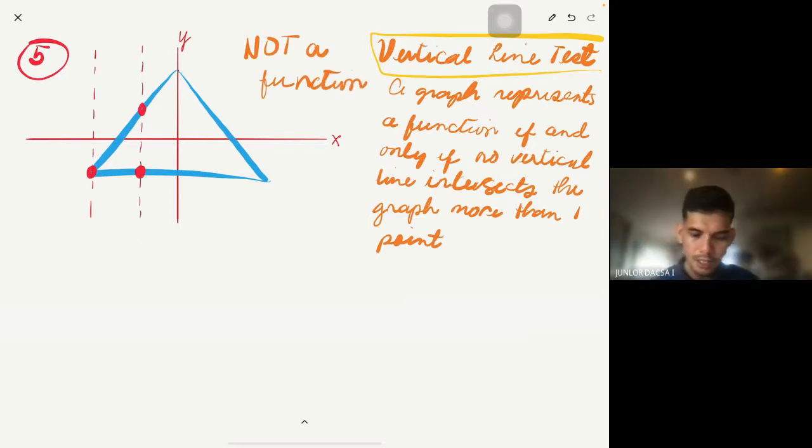Kasi nag-intersect sa more than 1 point. Okay? So, dito nakita natin 2 points. Maximum, 2 points. Yung pinaka-minimum na nag-intersect yung vertical line sa graph, 1 point. Okay? So, hindi na siya function. So, through vertical line test, malalaman natin kung yung graph is a function or not.